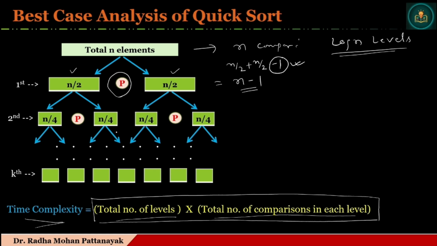When you come to the second level, how many comparisons are required? Here also the total is n, and you have taken 2 pivots, right? So that's why we can take n minus 2. Similarly, in the kth level, how many comparisons are required? The number of comparisons required is n minus k.